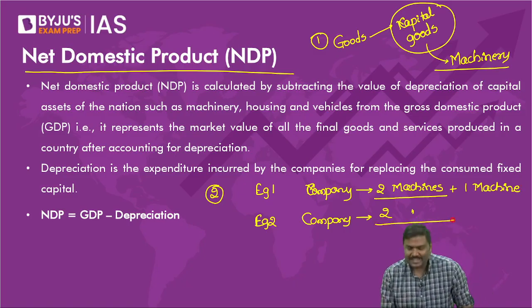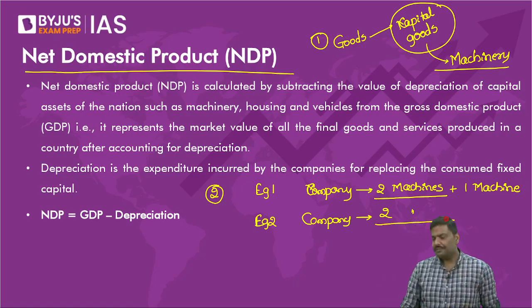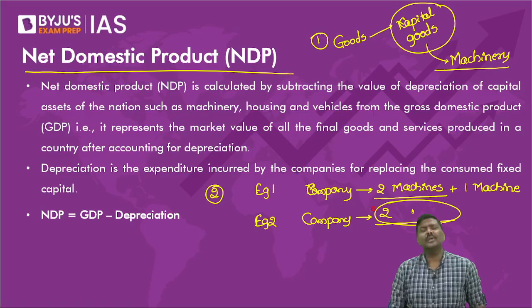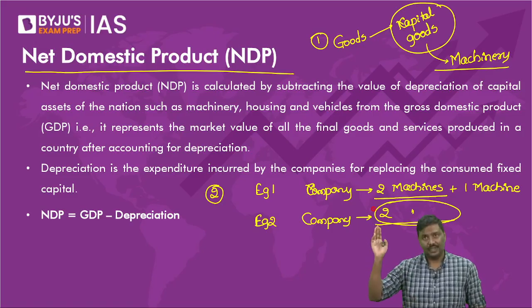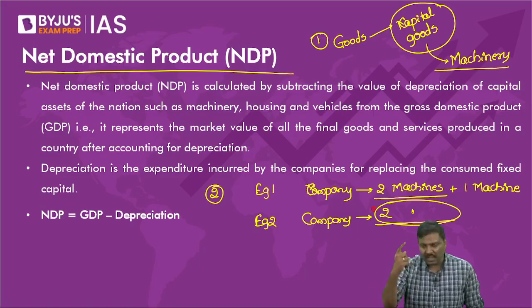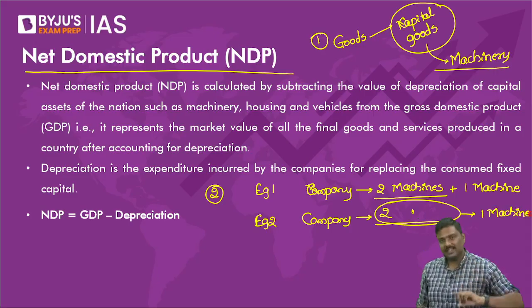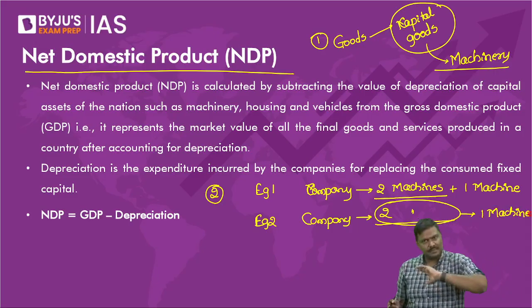In the second example, the company has 2 machines. They will throw away one of the machines. Throw away means what? Dispose. Or I'll simply say they will replace one of the machines with a new machine that was produced this year. Don't say both the examples are one and the same. Absolutely not.